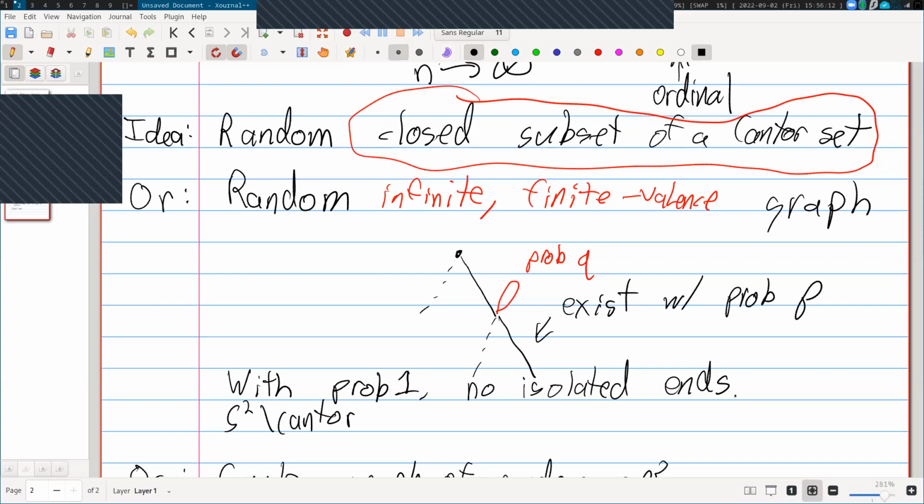Because I think that's kind of what they do for the space of marked groups. So you pick a point in your Cantor set, and one basic open set is all the closed subsets that contain this point.